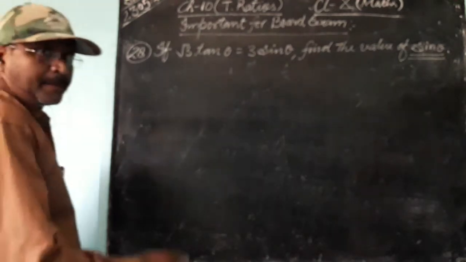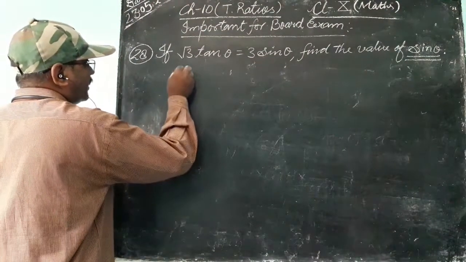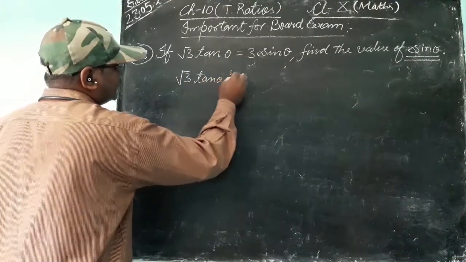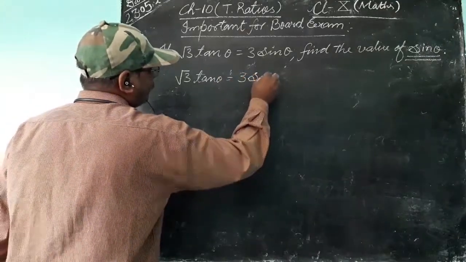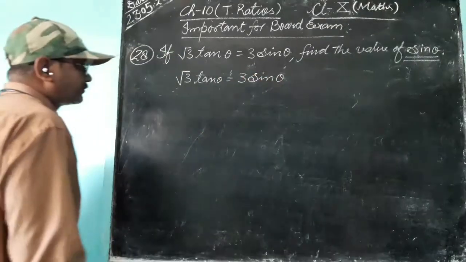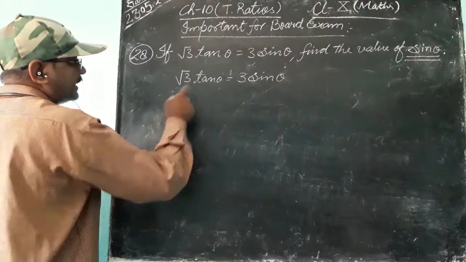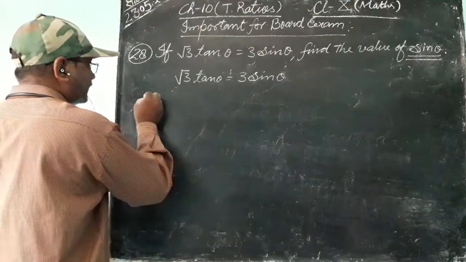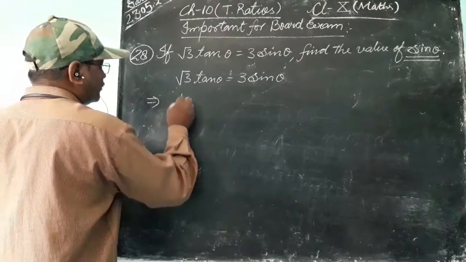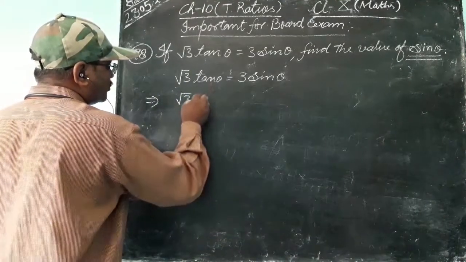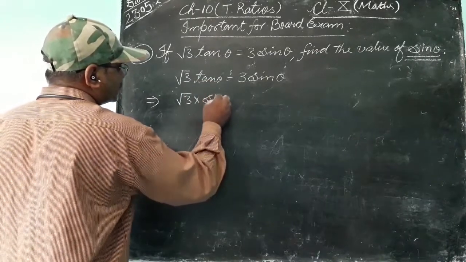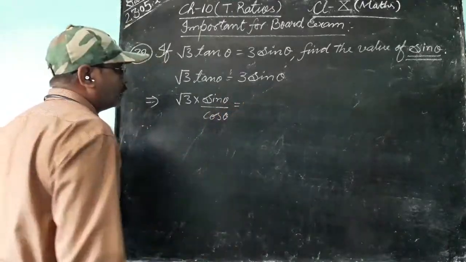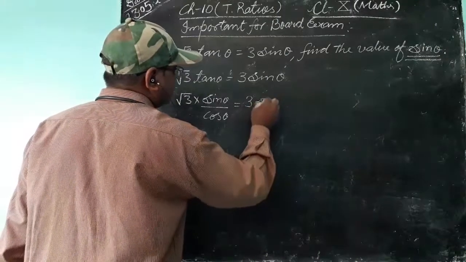So first of all, root 3 tan theta is equal to 3 sin theta. First you write this. Now you know that tan theta is equal to sin theta upon cos theta. So in the next step, root 3 into tan theta, that is sin theta upon cos theta, is equal to 3 sin theta.